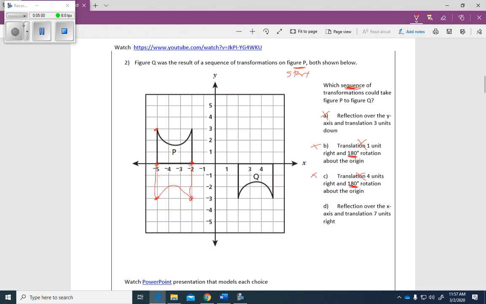And then they're asking me to translate it 7 units to the right. So would that work? If I took this point and went 7 to the right, 1, 2, 3, 4, 5, 6, 7, it would land here. And then this one, 1, 2, 3, 4, 5, 6, 7. Oh, it's working. This one, 1, 2, 3, 4, 5, 6, 7. Yes. So it is choice D.